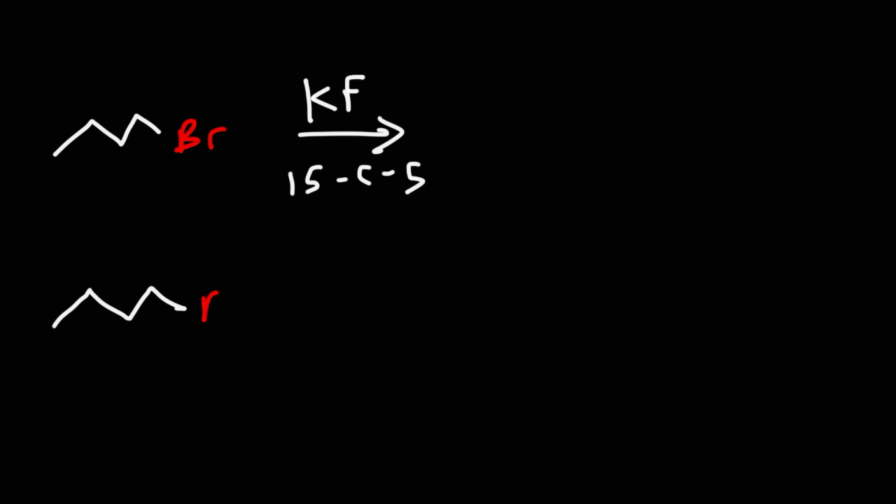Let's compare that with, let's say, potassium chloride. Actually, let's use potassium iodide. We'll use the same 15 crown 5 ether, which will solvate the potassium iodide. And we'll dissolve both solutions in benzene.